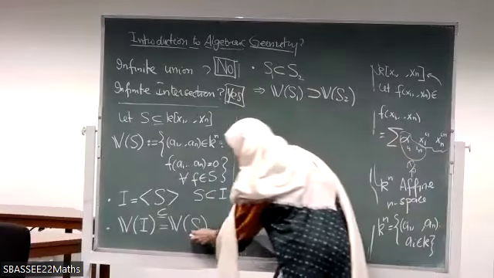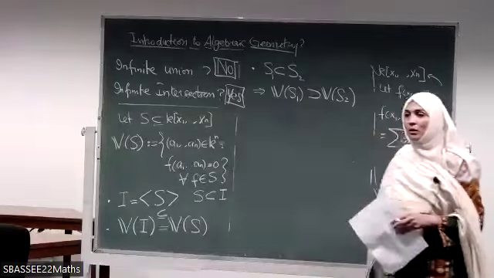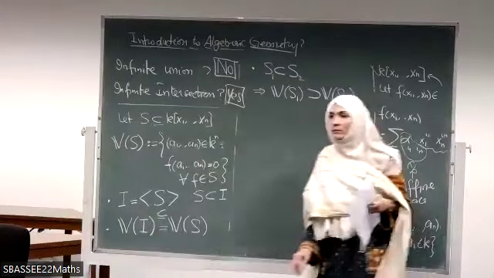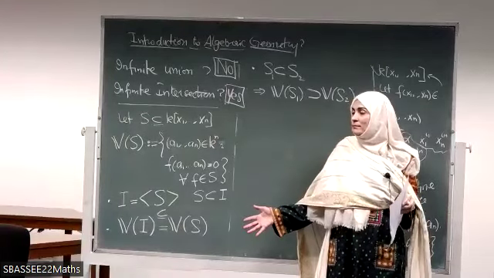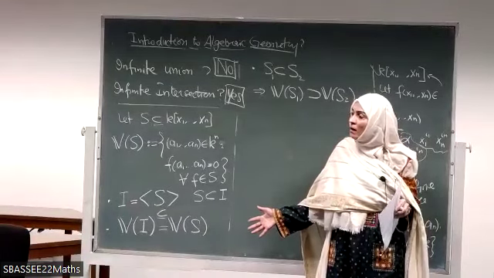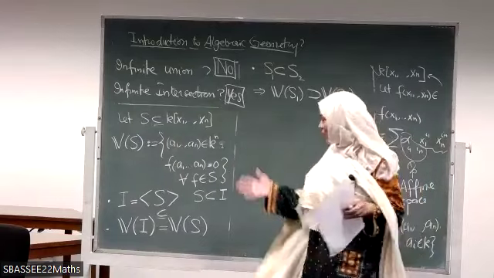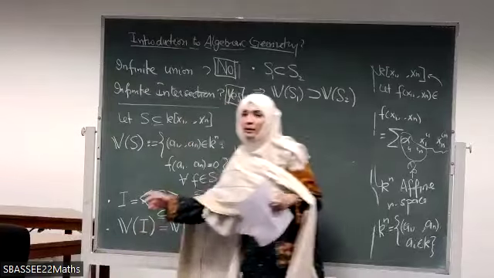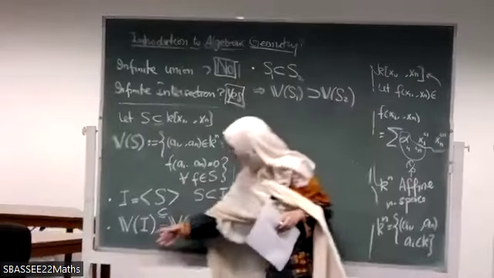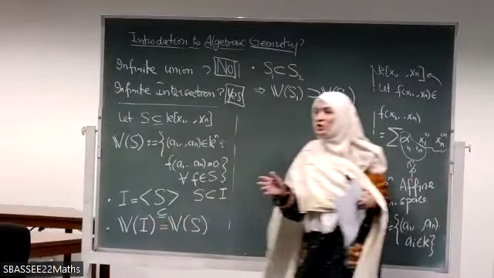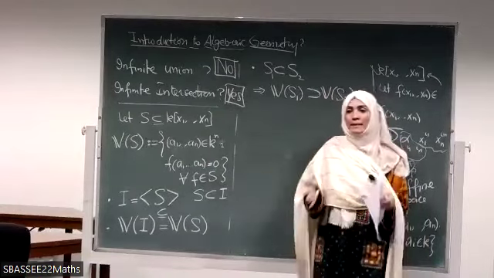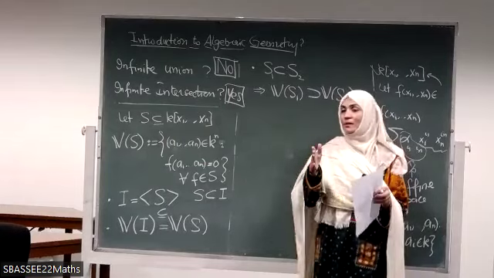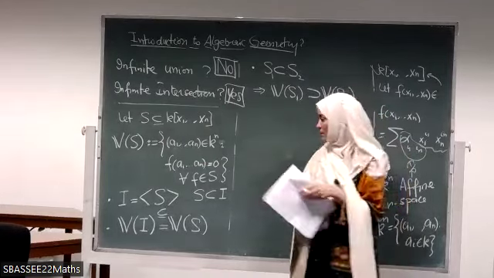And why is this true? If I pick any solution from this set, then definitely it will be here. Can you guess? Because we have made an ideal, which contains all the sums and the products of polynomials.